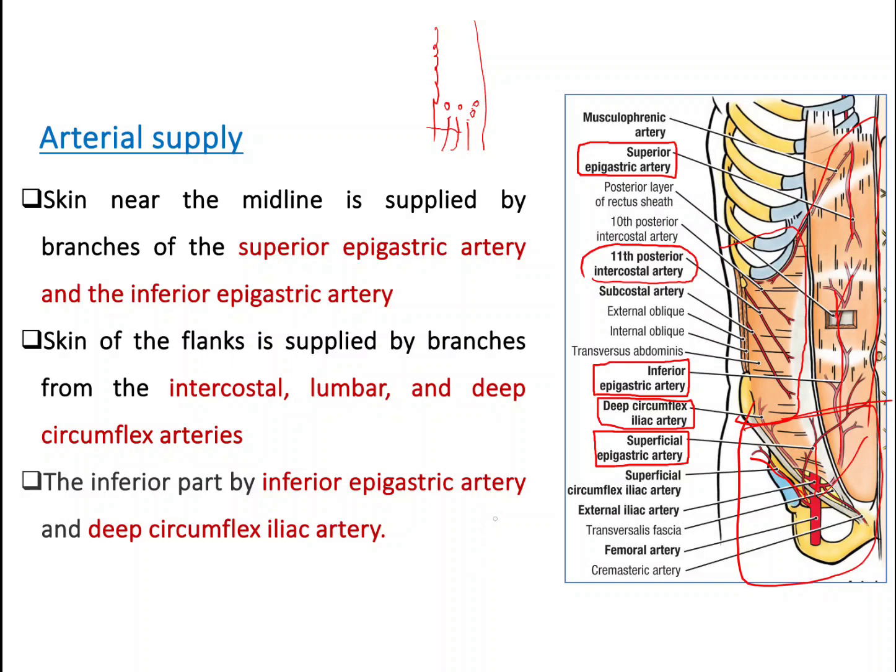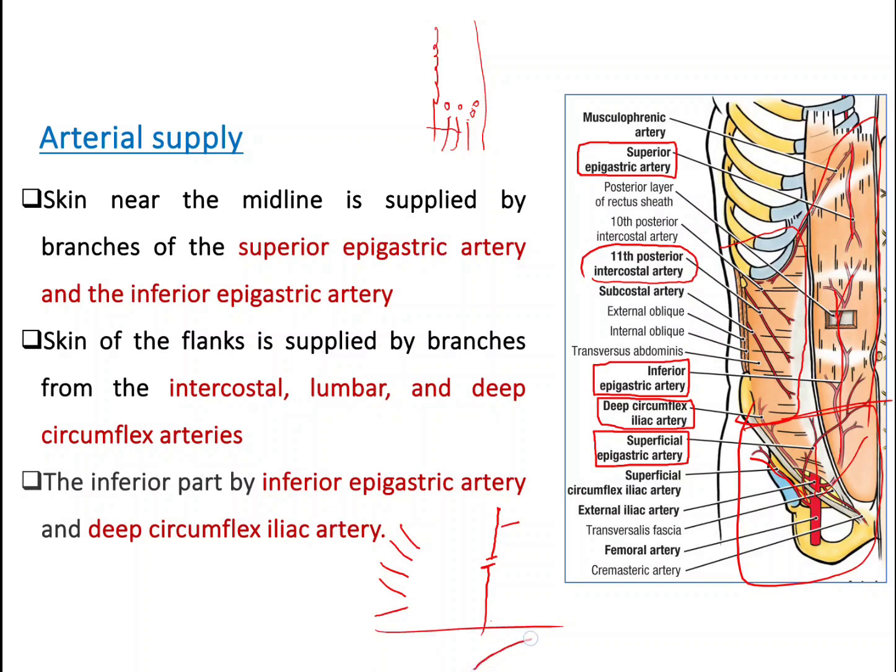So in the medial half we have an artery coming from above, that is the superior epigastric artery. Below there is the inferior epigastric artery. The superior epigastric artery is a branch of the internal thoracic artery, and the inferior epigastric artery is coming from the external iliac artery. In the lateral half we have branches from the posterior intercostal artery, and in the lower half we have three branches.